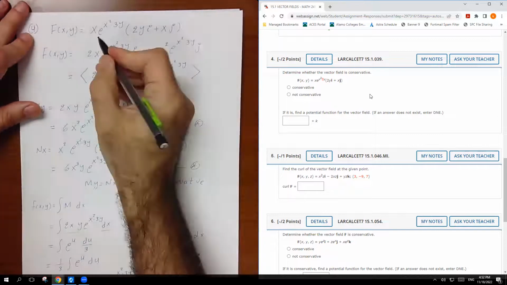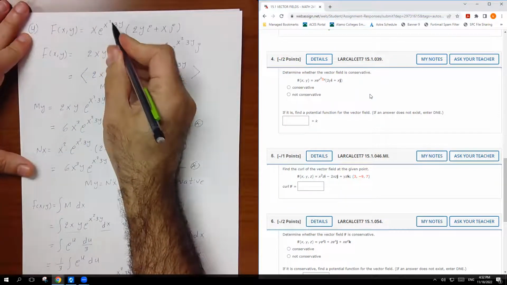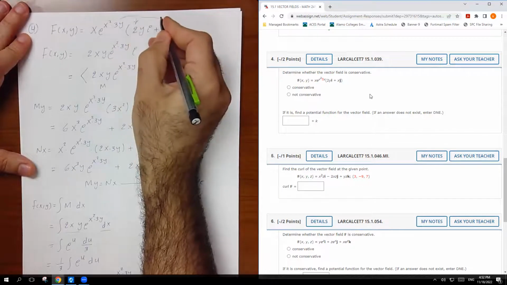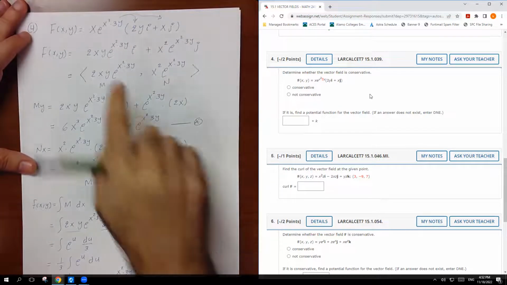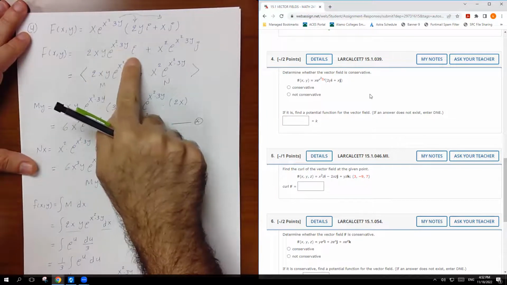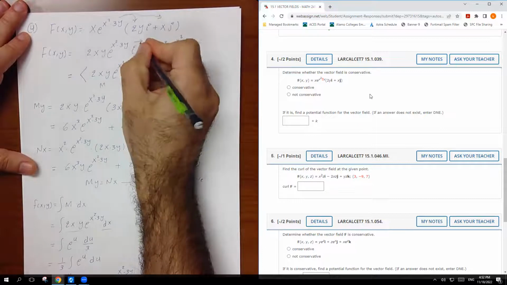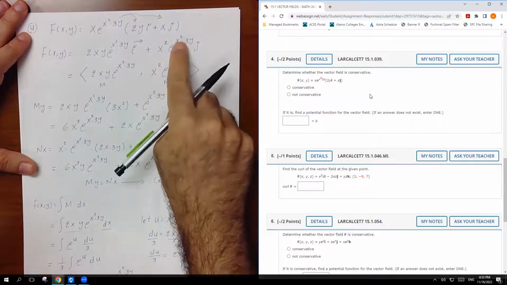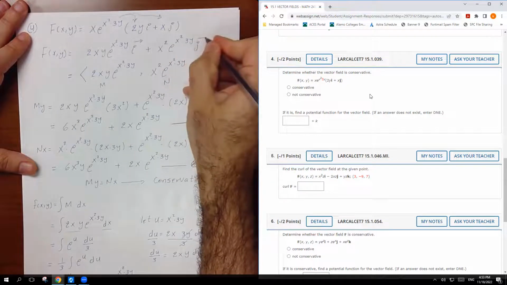We're going to distribute xe to the x squared 3y. Distribute this one here. Then it's going to be 2xy e to the x squared 3y i. And here is going to be x squared e to the x squared 3y for the j component.